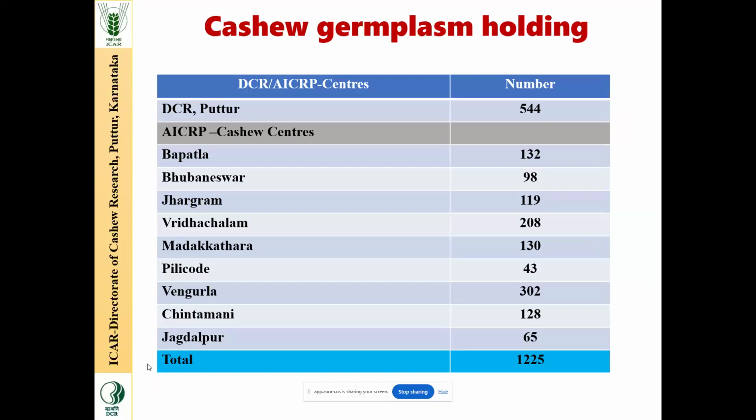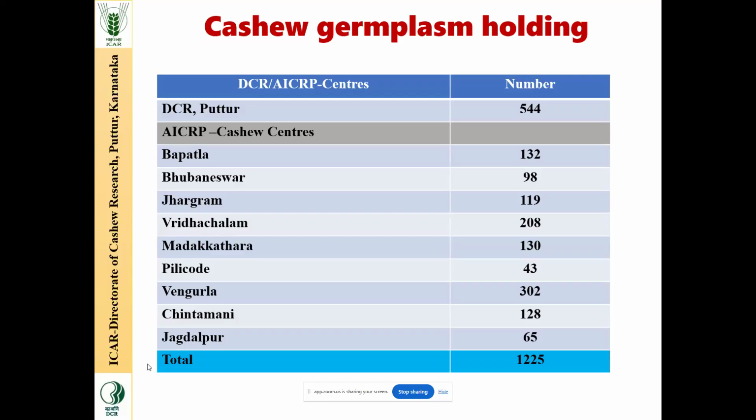Coming to the germplasm holding, how much germplasm we have in our institute as well as other research institutes which are working on cashew, those are AICRP centers which come under our purview. In the Directorate of Cashew Research, Puttur, we have around 544 genotypes which are already characterized.